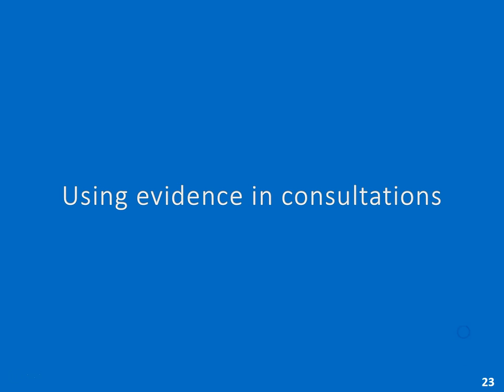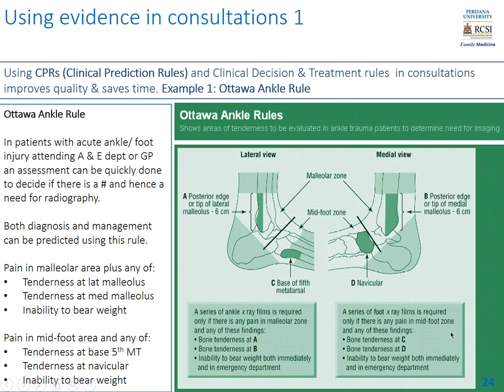Let's look at some examples of using evidence in consultations. These are two examples. One is the Ottawa ankle rule and the second one is the Centor score, which shows how clinical prediction rules can be used in the clinical setting, in the consultation in real time. And this does not take extra time, it doesn't lengthen the consultation.